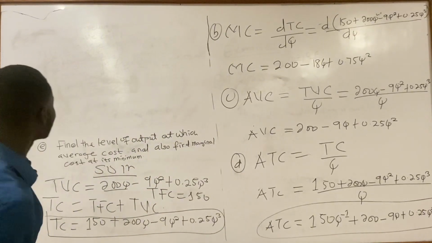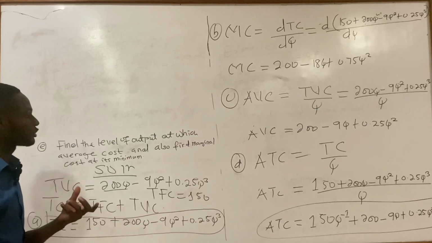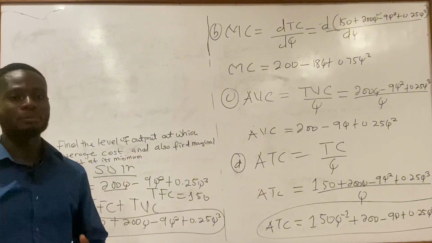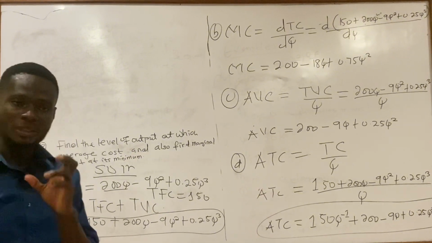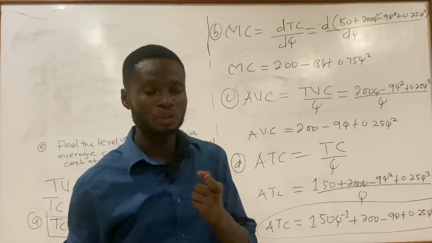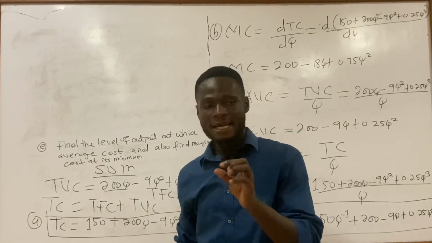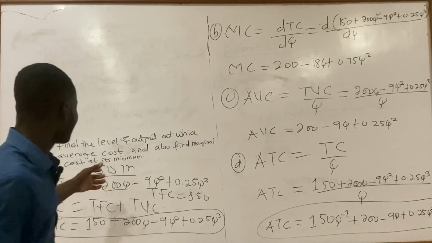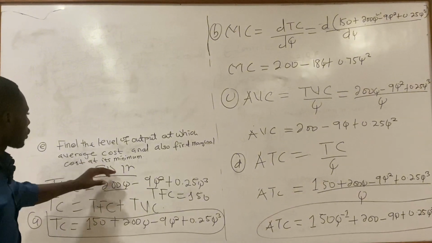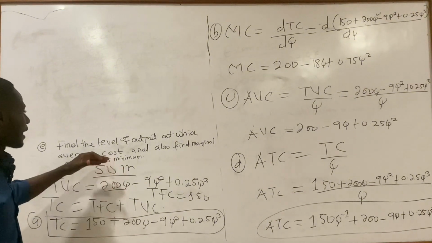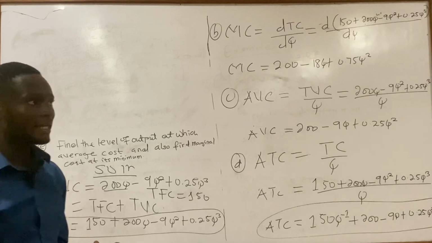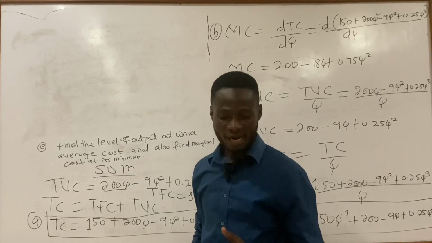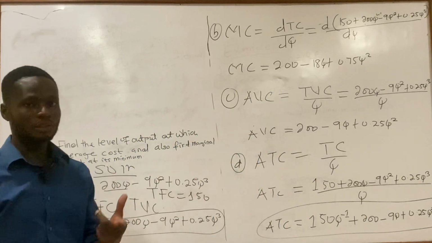The last part of the question says we should find the level of output at which average cost will be at its minimum. All right. So hearing this question, what you must know is that if you want to find the output at which average cost is at its minimum, then we differentiate the average cost and then equate it to 0.